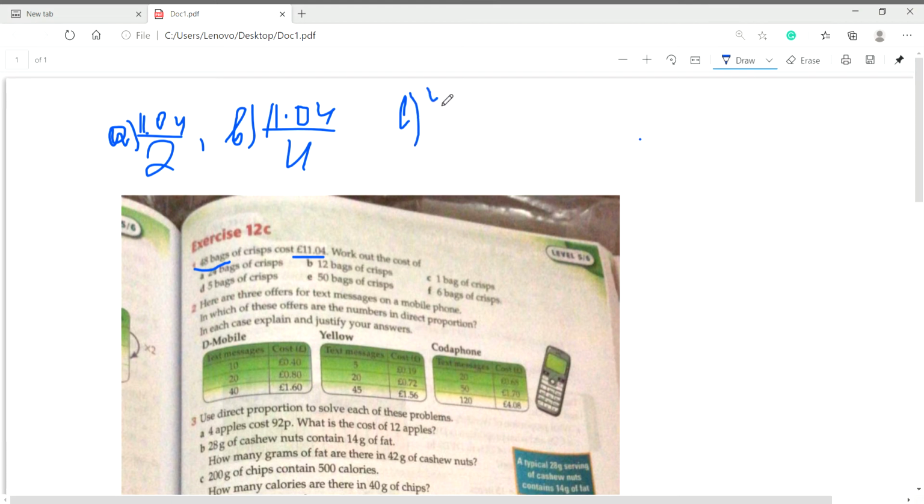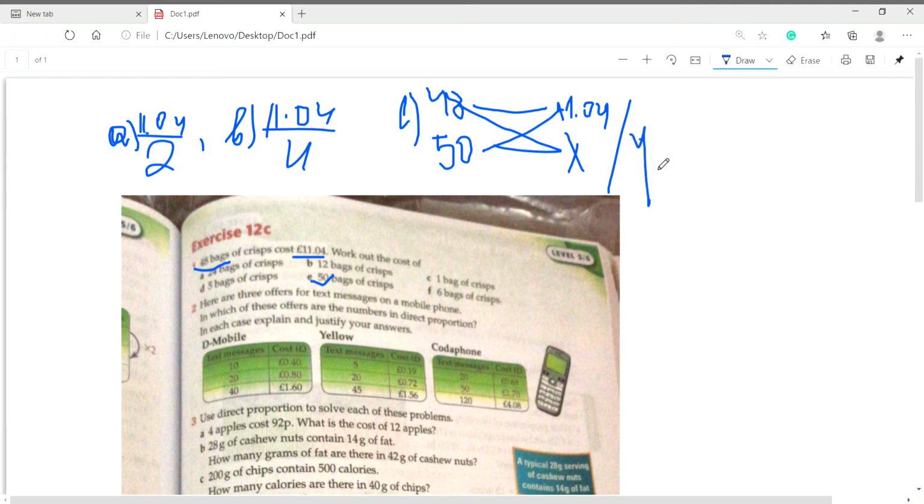So 48 is the number of bags, and 11.04 is the price, and they ask for 50 bags, so 50 has to be written under 48, and this is X pounds. So to find X, I taught you the cross multiplication method. 48 will be multiplied by X, and 11.04 will be multiplied by 50.